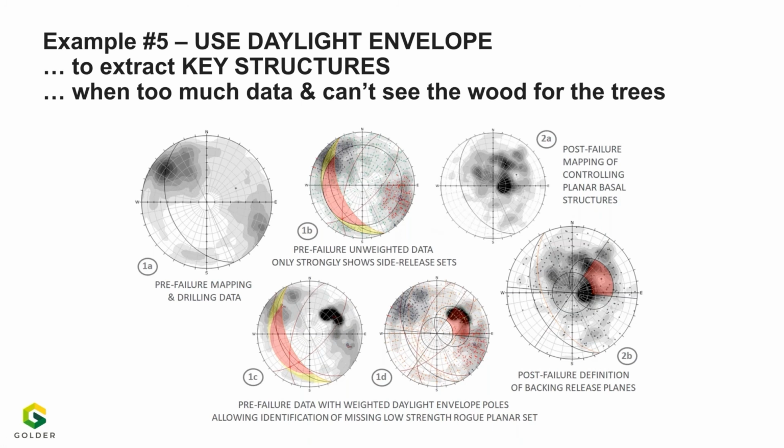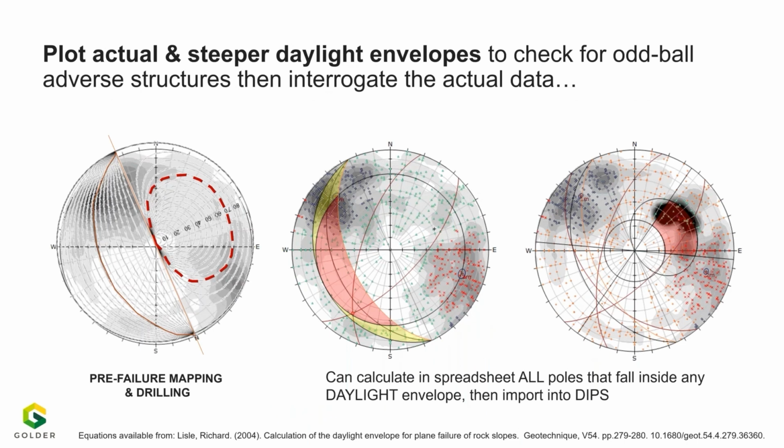And I'll finish by giving us another way that we can perhaps attack this problem of looking for the rogue poles. You can look at the daylight envelope, as Angela did, and you can see the right-hand side image here. The left-hand side image is for a 70-degree slope plane.